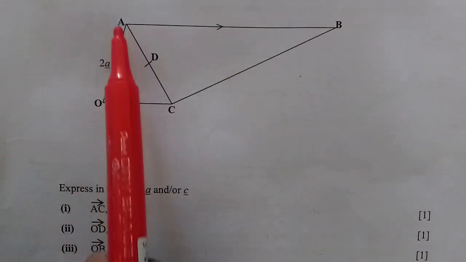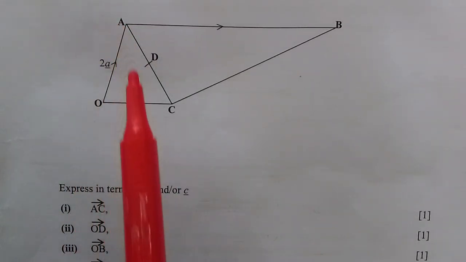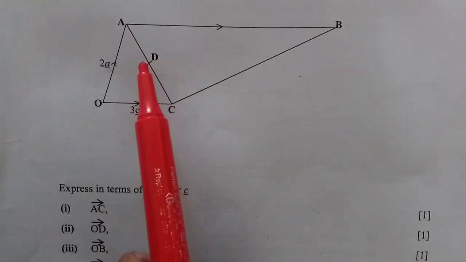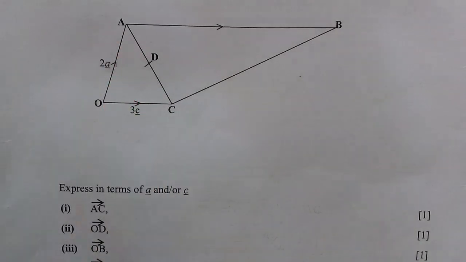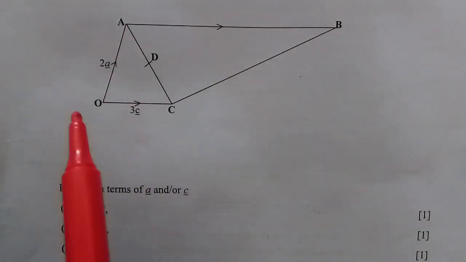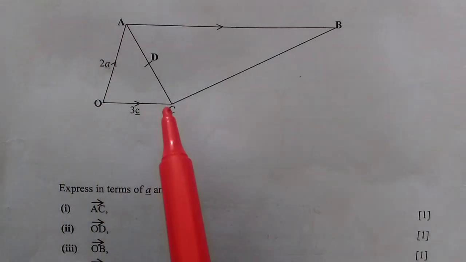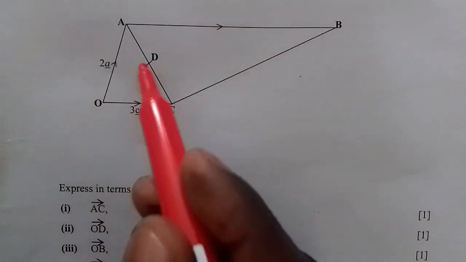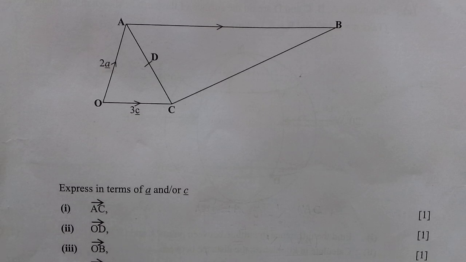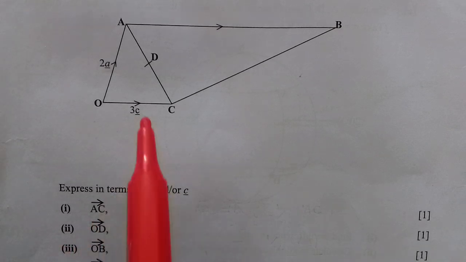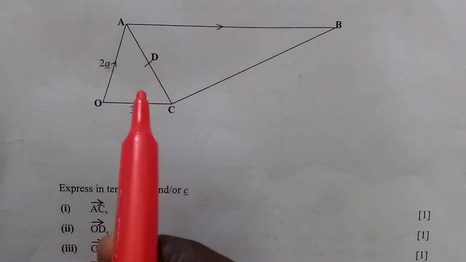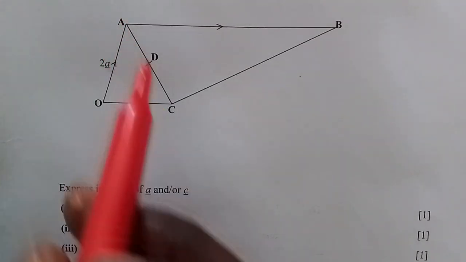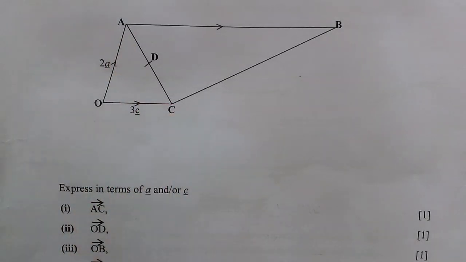AD is in the direction of AC, and D here is the midpoint of AC. We can also take the direction OC vector and CD vector to get OD vector. Now, this direction will give us a negative on CD. This is because CD is in the opposite direction to the vector AC.